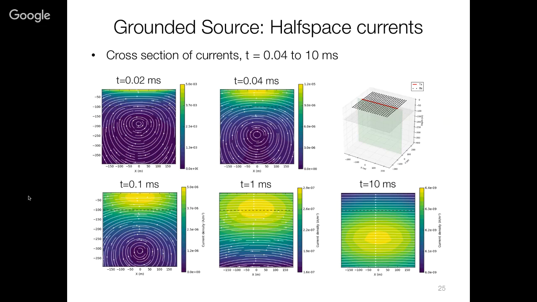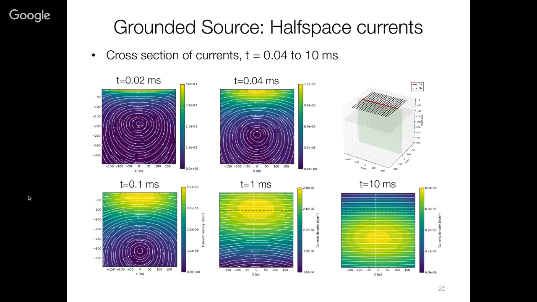So here's the currents up here. A little bit later, you can see how those are moving down. So that is exactly this current that I've got, just letting it expand outward and downward. Okay?